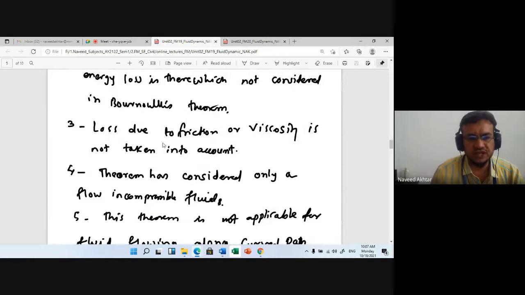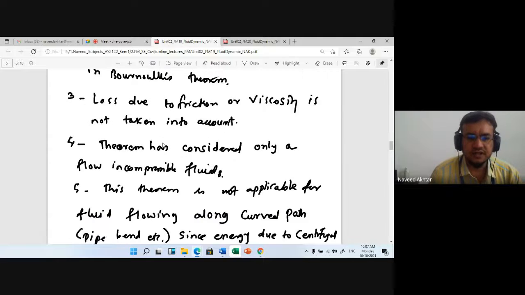Loss due to friction or viscosity is also not taken into account because only two forces are considered. The theorem considers only flow of an incompressible fluid.